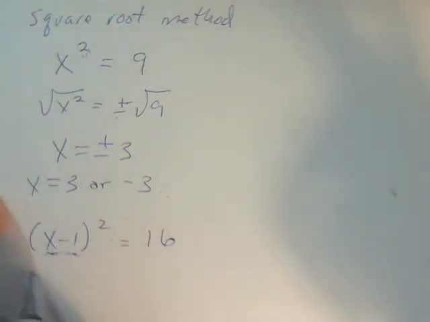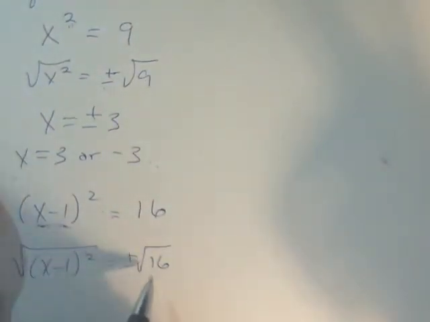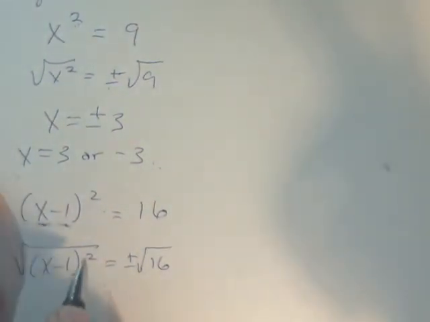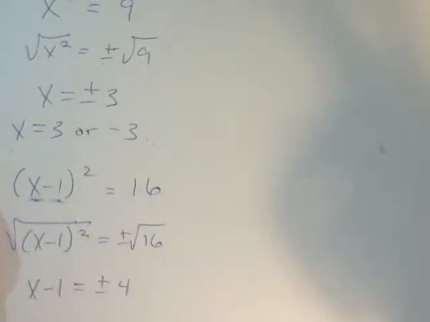So I can still do the same process. I take the square root of both sides, remembering to put the plus and minus in front of the 16. Now the square just cancels out the square root, so that leaves me x minus 1, and I simplify my radical to get plus or minus 4.